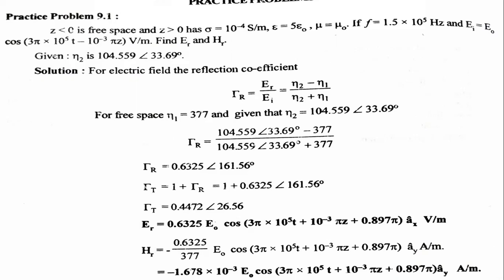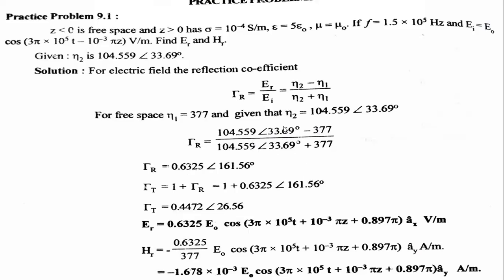After substituting these values, the reflection coefficient is eta 2 minus eta 1 over eta 2 plus eta 1, that is 104.55 minus 377 over plus 377. Here these are in polar form, so for division we take Z1 divided by Z2 with angle theta 1 minus theta 2. In this way you will get the result. How is it possible to connect?